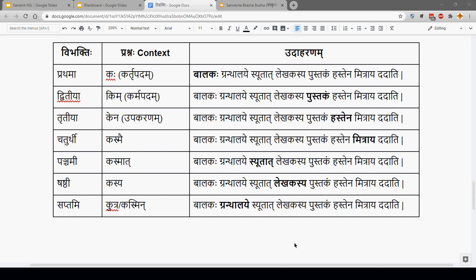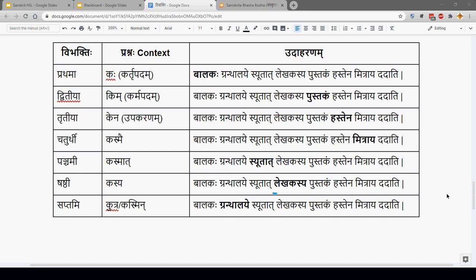So maybe at some point, it will give you the idea of how these patterns are similar in different declension tables. Hopefully it will eliminate some of this fear, like there are too many words and too many patterns, but they are very similar. So you don't have to be too scared about it.